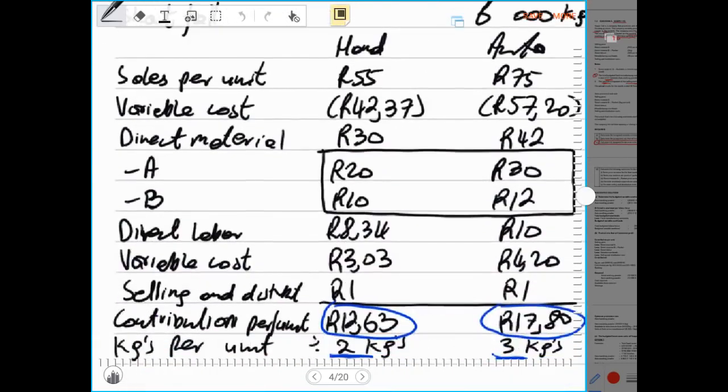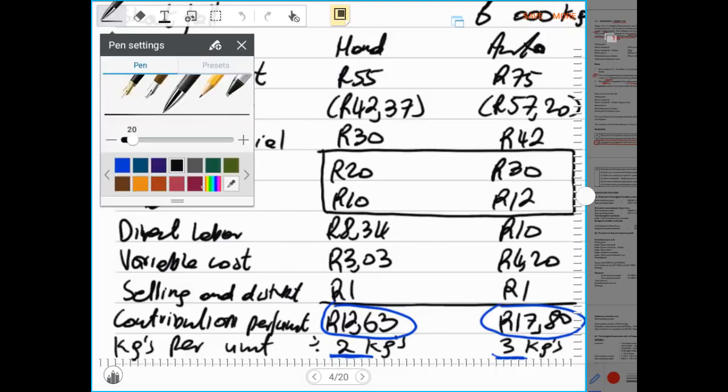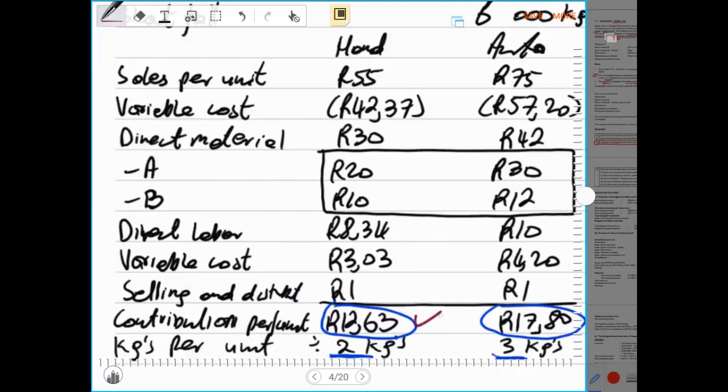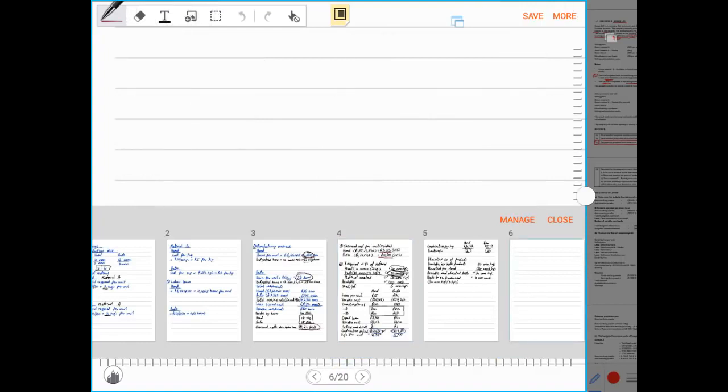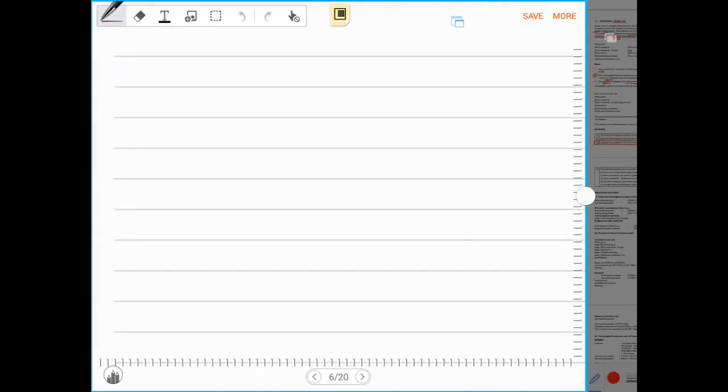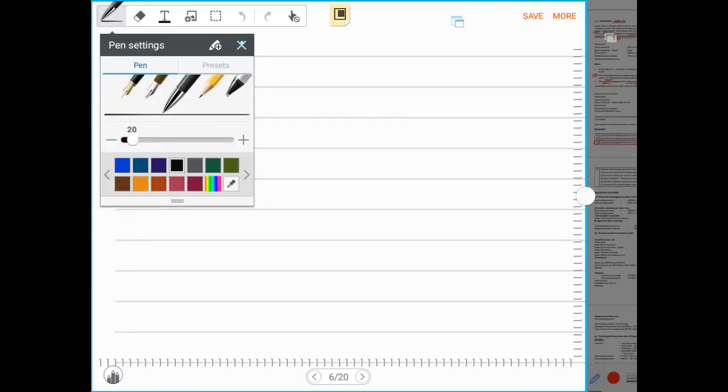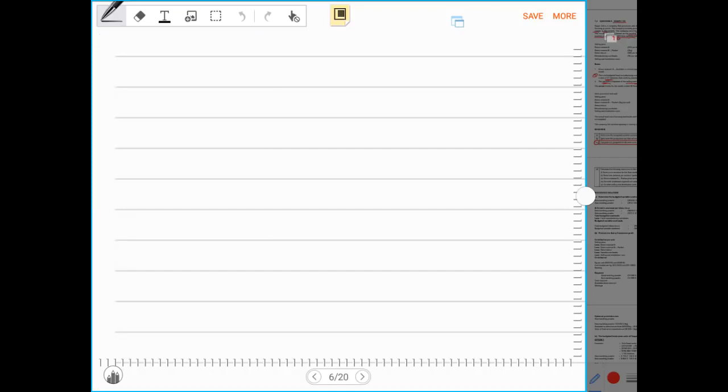If it's 2 products, you need to calculate your product mix, and we already have our contribution and our product mix. We just have to multiply the contribution by the product mix. Then after that we respond to the question. So now we are calculating the weighted average contribution per unit.